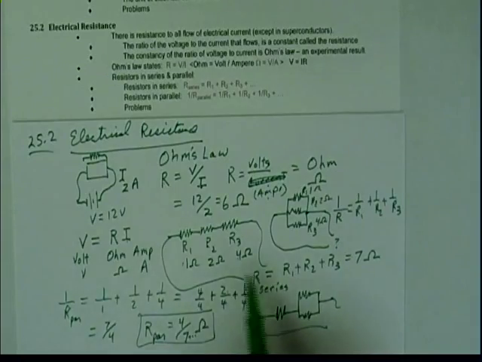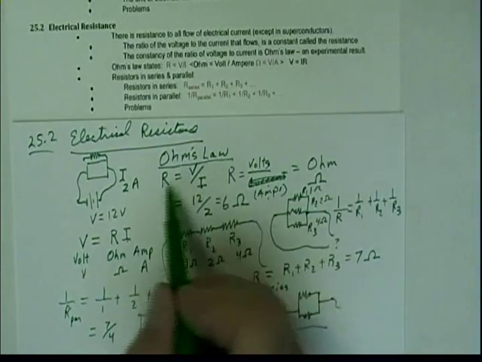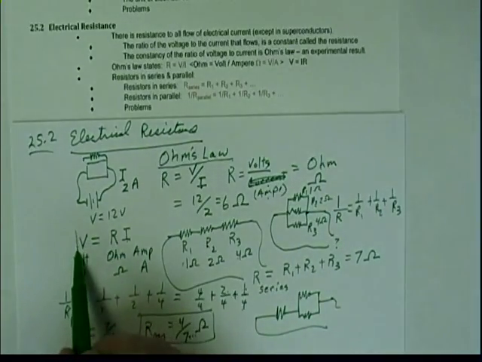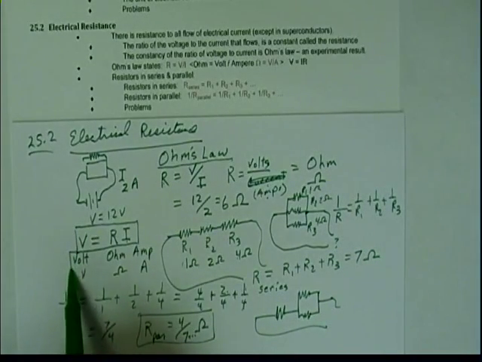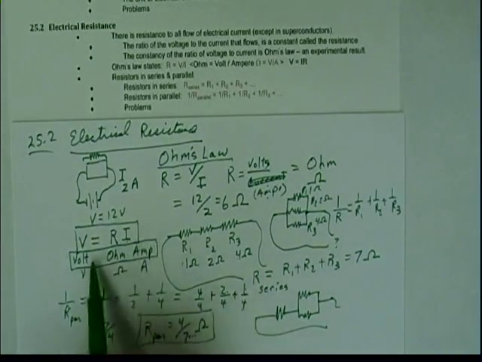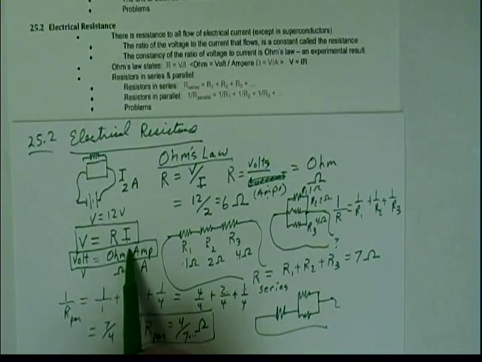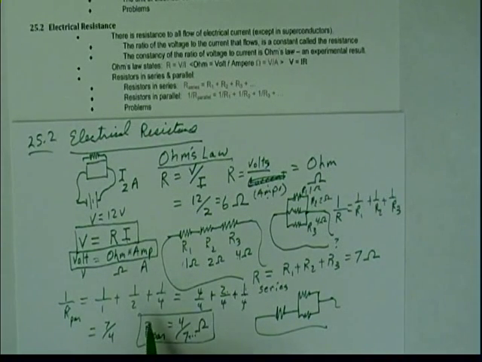The key things to remember are this is Ohm's law. The form that we normally use to memorize it is here. And a volt is equal to ohm times an amp.